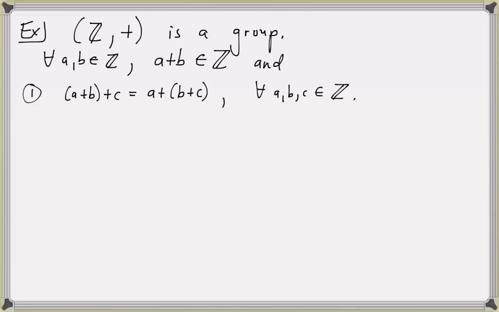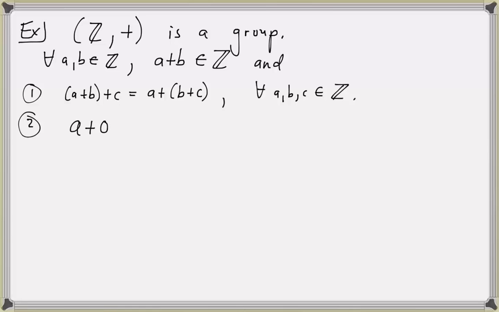We know that the real numbers are associative. We have the associative property for all real numbers, and so the integers being a subset of the real numbers, we have associativity. Secondly, we do have an identity element. The additive identity for the integers is the integer 0.